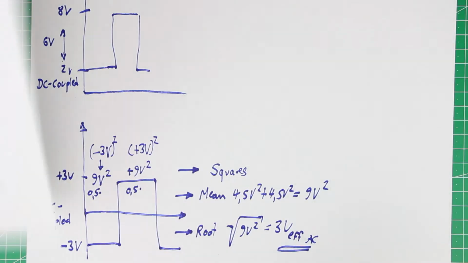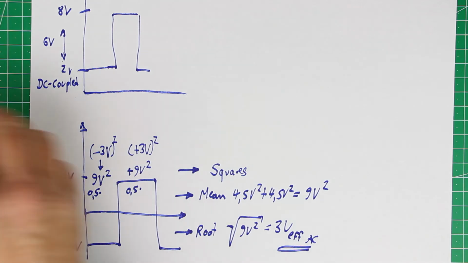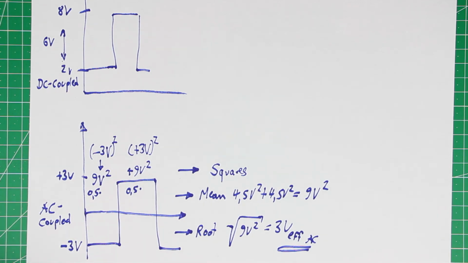And now you already can guess that this is the basic difference between the two multimeters, which both said to have true RMS measurements, but the simpler one and the cheaper one only measured the AC coupled signal, and this gives us a totally wrong value.